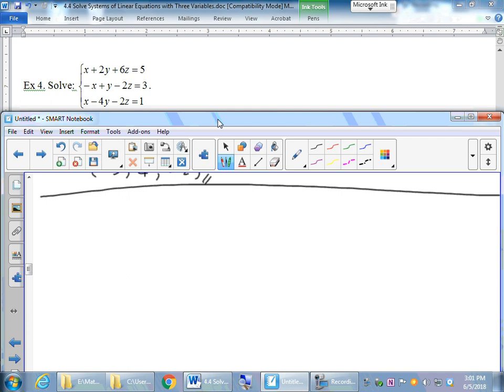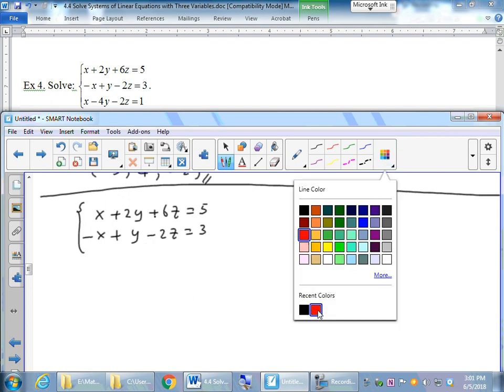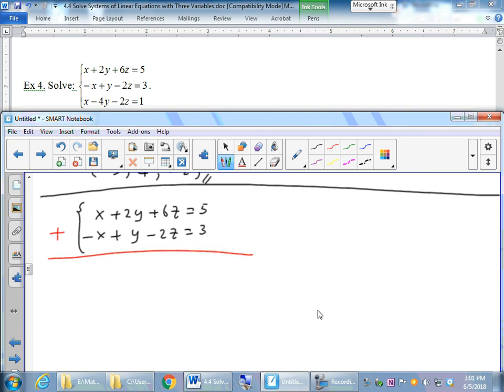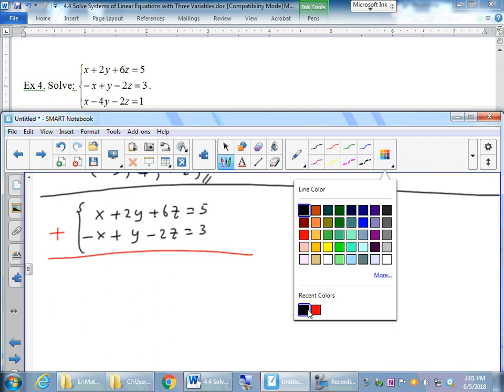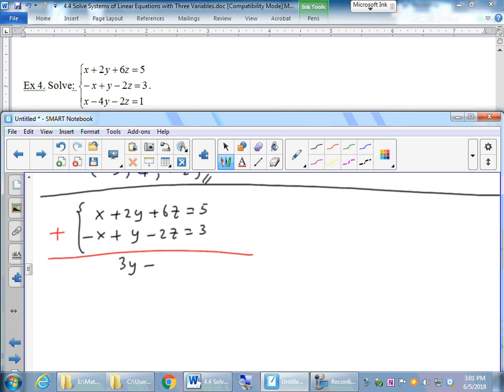So let's start with that. So equation 1, equation 2, and I can eliminate x right away for the system. So that will become 3y plus 4z equal to 8.